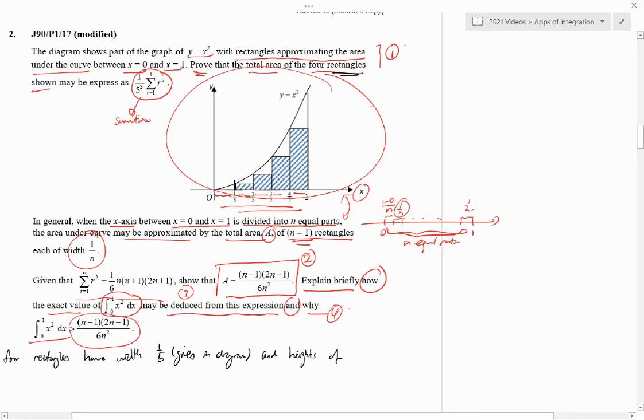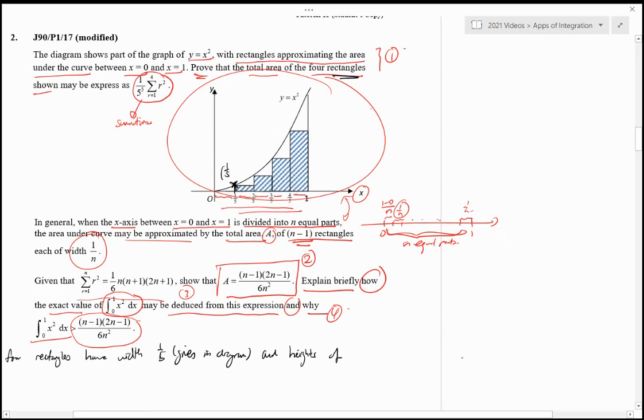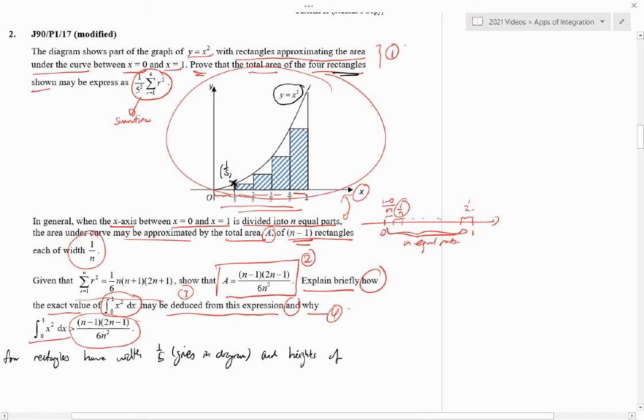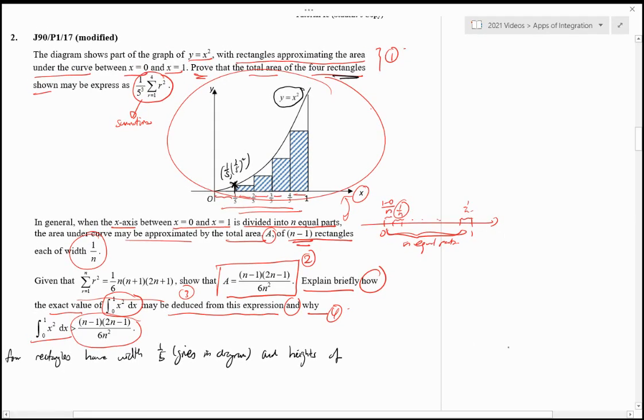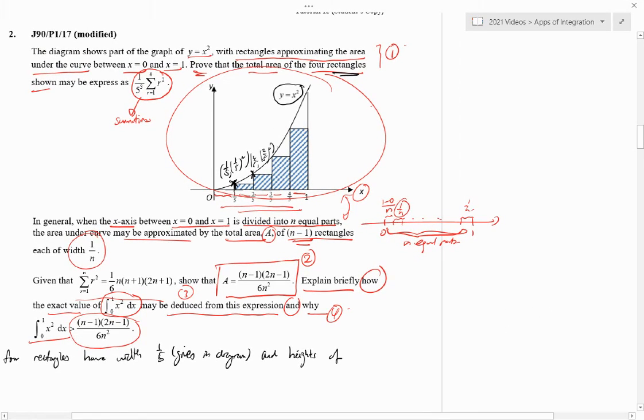Now notice that this point here lies on the graph. So this is a point 1/5, and what is the height here? The height is given by the y coordinate of the graph. So this is actually 1/5 squared. Now the second coordinate, this is 2/5, and the y coordinate is actually 2/5 squared.